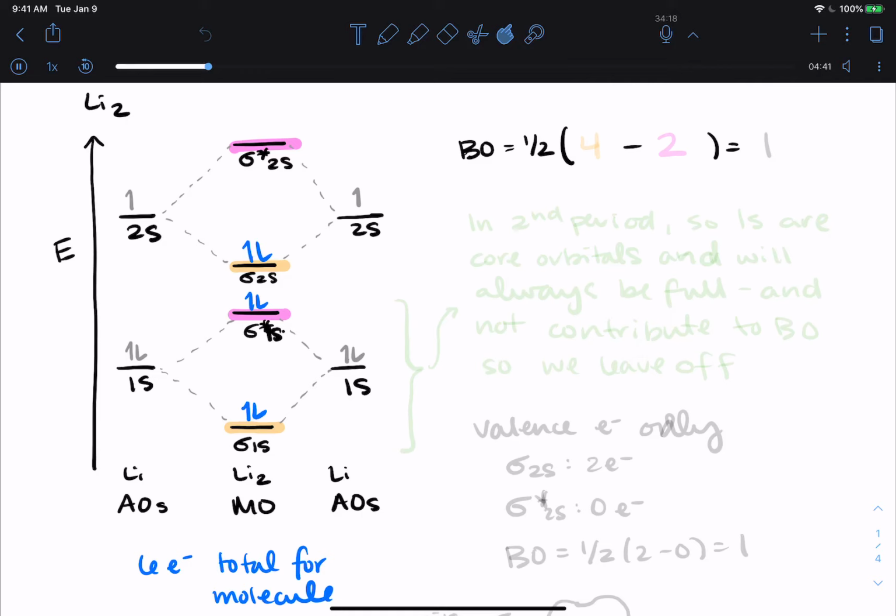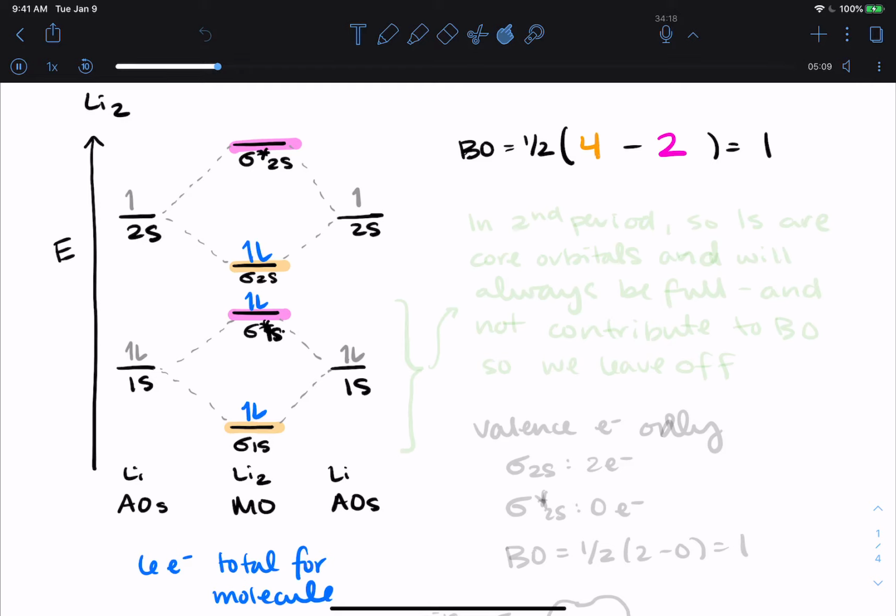And number of electrons in bonding MOs, I have 4. And number of electrons in anti-bonding MOs, I have 2. So I had 2 anti-bonding MOs, but only one of them had electrons in it, and it had 2. So 1/2 of 4 minus 2 is 1. So dilithium exists. It has a single bond.